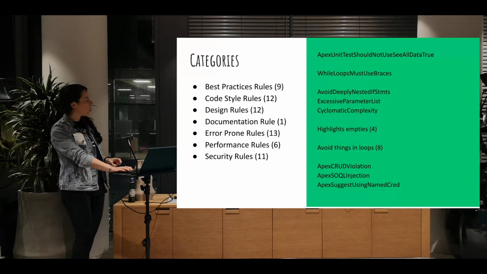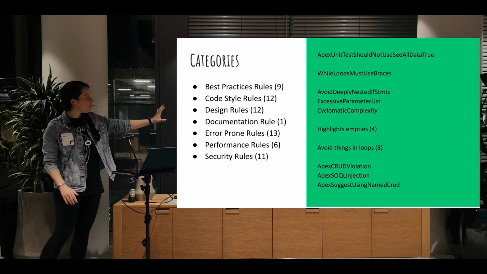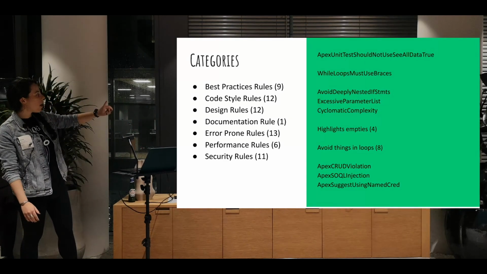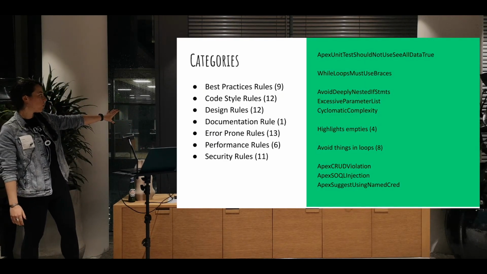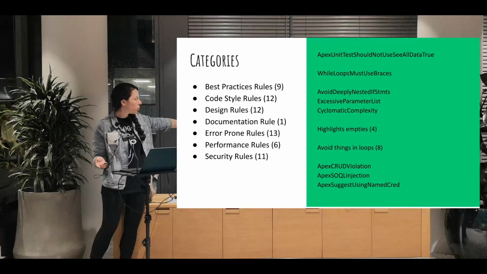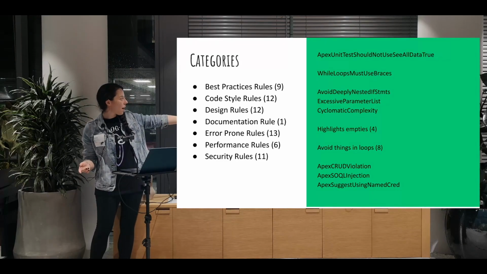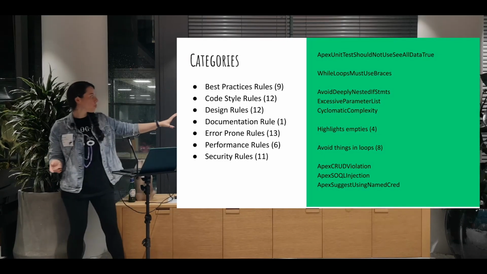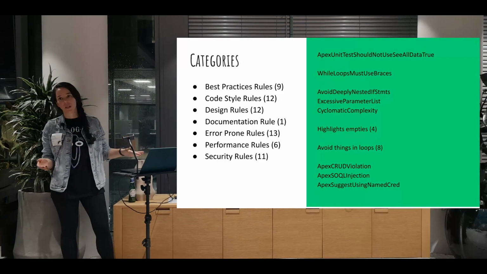Let's go over all of that. You have different examples here. Error-prone rules have at the moment 4 rules, for example, to highlight empties.